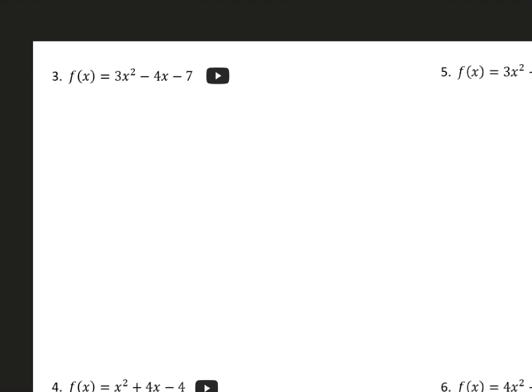All right, so now let's take a look at our homework problems. The first thing I'm going to do is identify a, b, and c. So here's a, here's b, and here's c. And now I'm going to plug it into my formula. Anytime we're plugging in something, I suggest using parentheses.